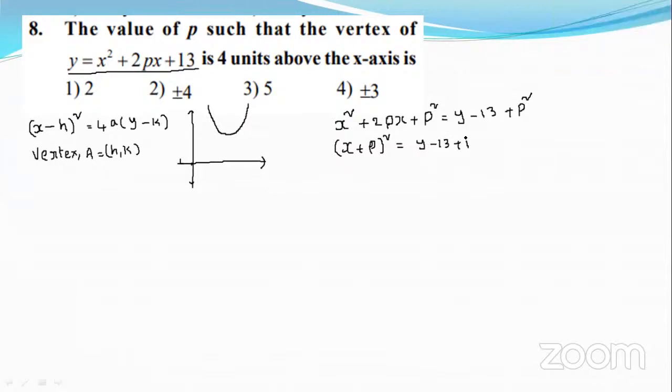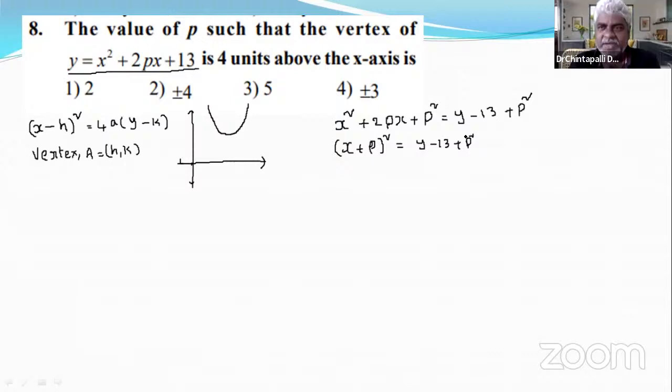We haven't converted the right hand side into this format. If we can convert the right hand side in this format, we can tell what is h and what is k. But the terms are not convenient to convert to this format. Left hand side is okay.